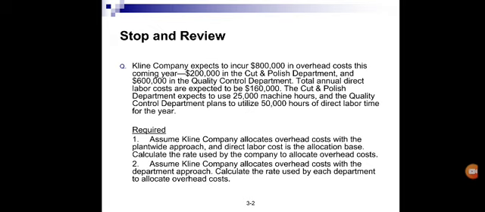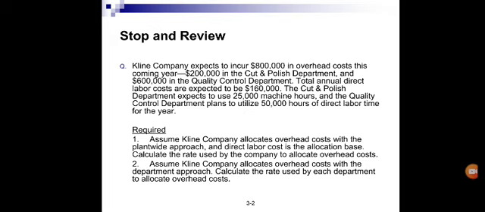And then the labor hour is 25,000 for the cut and polish department and 50,000 hours for the quality control department. So focus on the requirement 1. Assume client company allocates overhead costs with the plant-wide approach, and direct labor cost is the allocation base. Calculate the rate used by the company to allocate overhead costs.